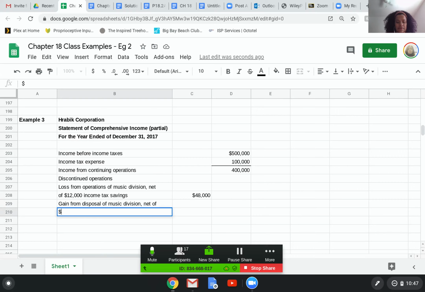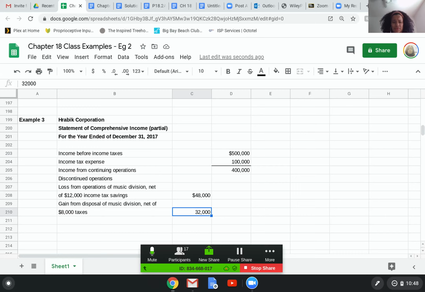In this case, it's not a tax saving, it's just net of 8,000 in taxes. So it's 32,000. Again, this number was 60,000. Now it's 48,000. The loss has been reduced because of the fact that you can claim tax on it.